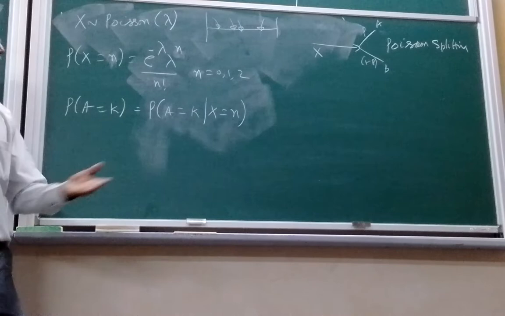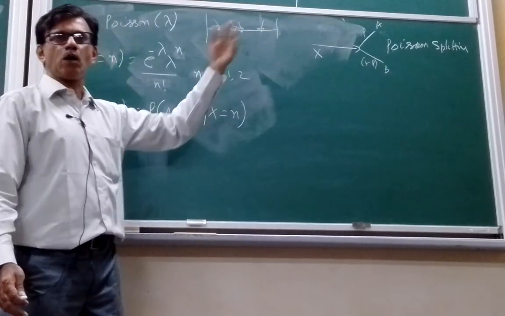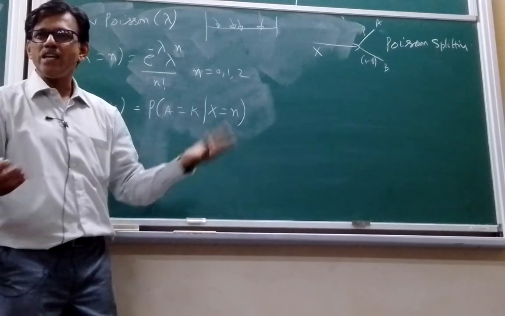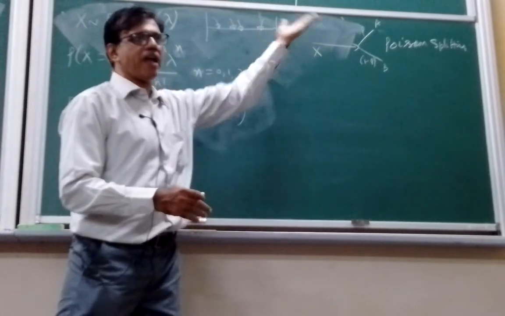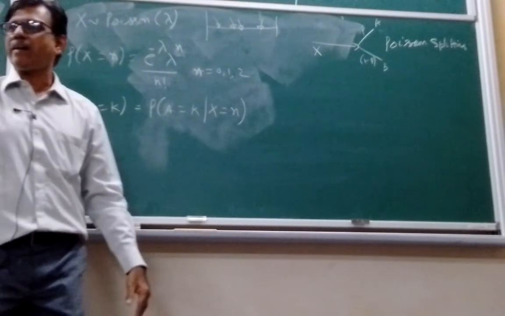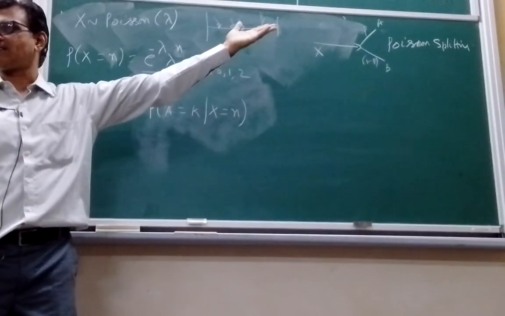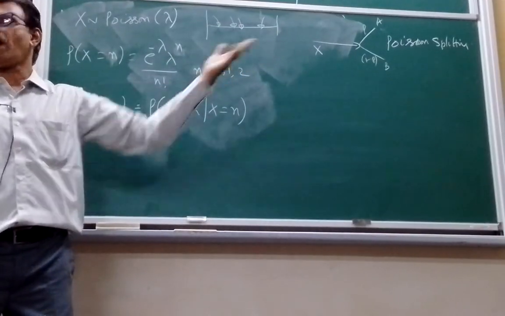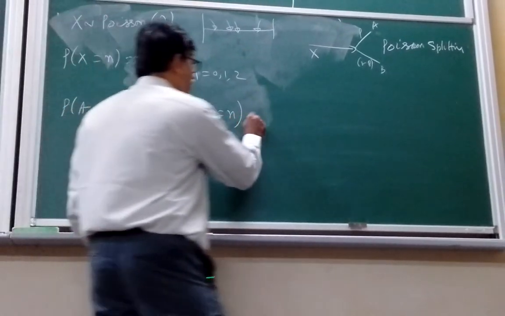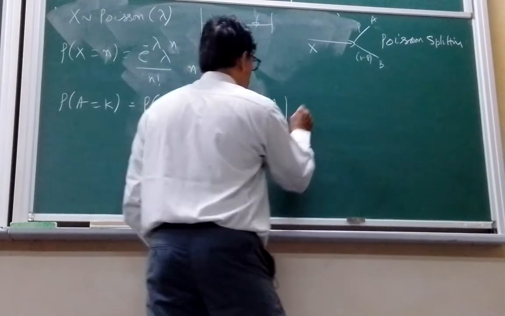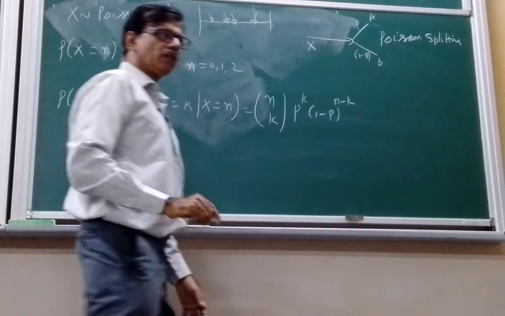What am I doing? Every event I am categorizing it into A or B with probability P or 1 minus P. So each one is a Bernoulli trial. With the Bernoulli trial, I put it in A or put it in B. N Bernoulli trials I conduct, and A is the number of successes that occurs, probability of success being P. So it is nothing but N choose K, P to the power K, (1 minus P) to the power N minus K. Is it clear?